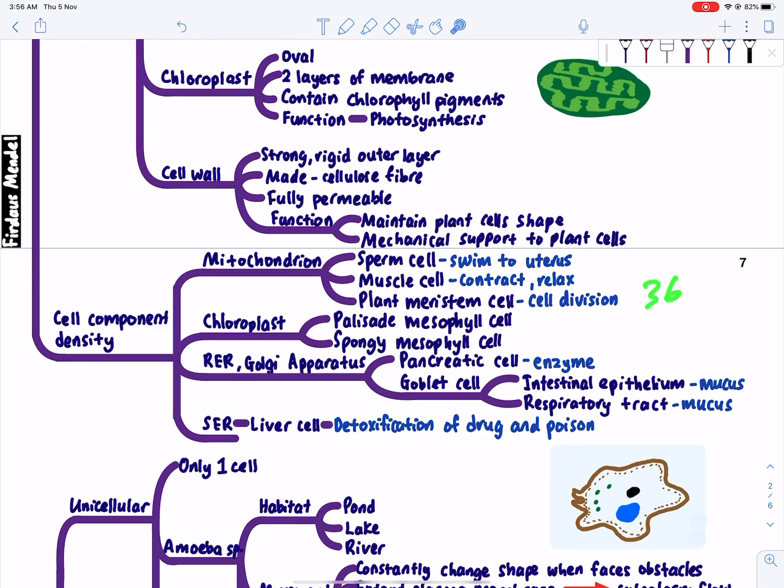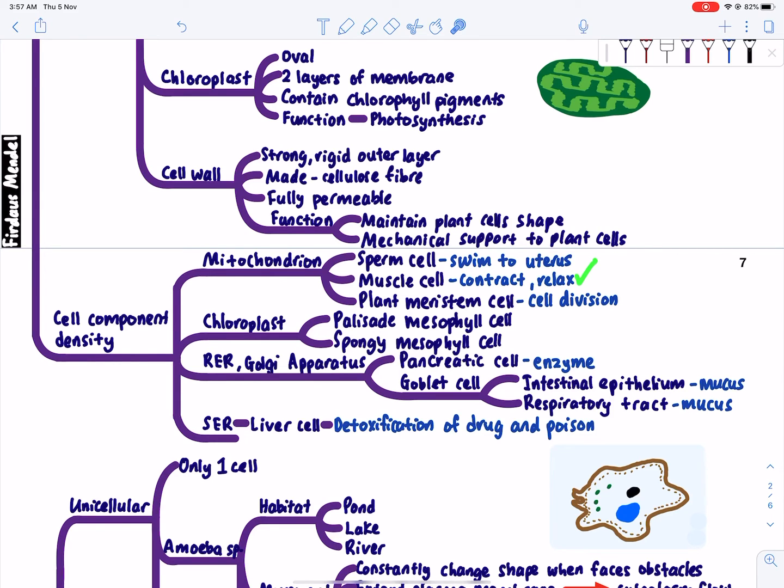I directly go to page 36 because it's related to our discussion on the cell components. Mitochondria are found in many cells: the sperm cell, muscle cell, and plant meristem cell. Plant meristem cells are abundant at the root and the shoot and are involved in cell division. Of course, cell division requires lots of ATP so that they can have that particular function.